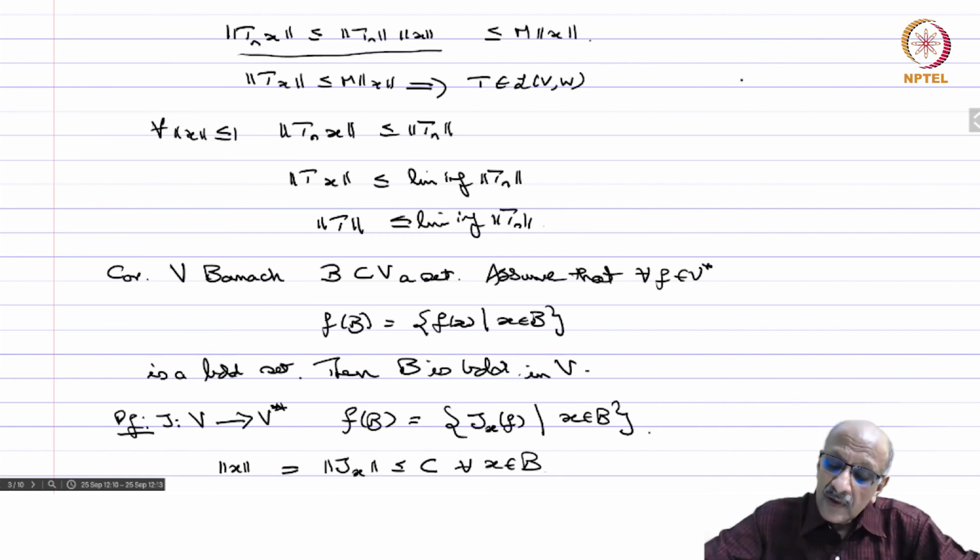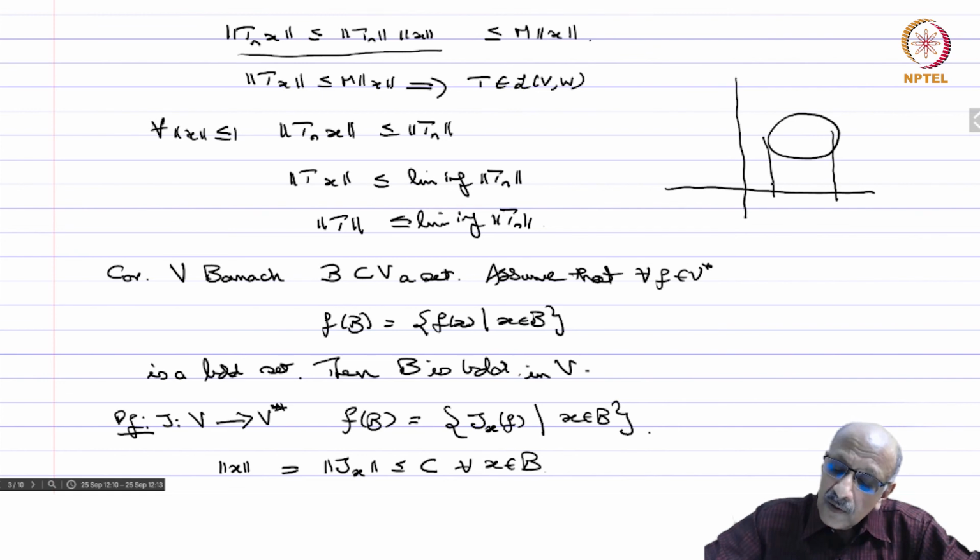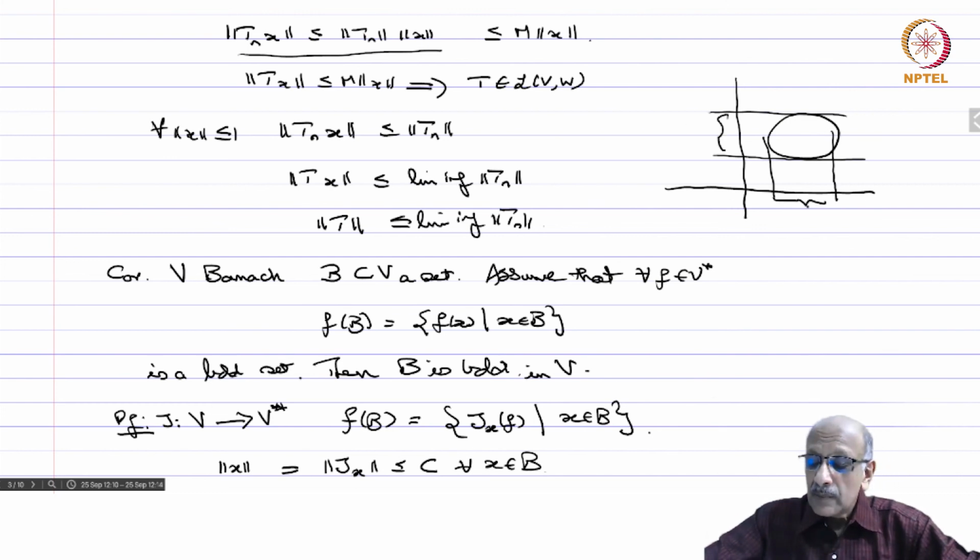Now what do we do in finite dimensions? Suppose I want to see if a set is bounded. I will project it to the x-axis, project it to the y-axis, and if these images are bounded, then I say the set is bounded, because it will be contained in the box which is the product of these two things, and that is exactly what we are doing here.